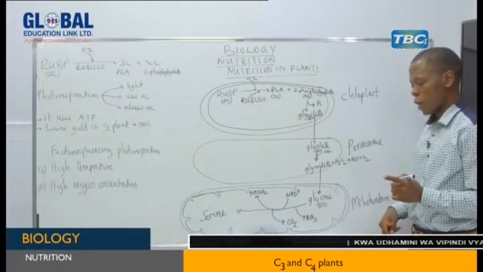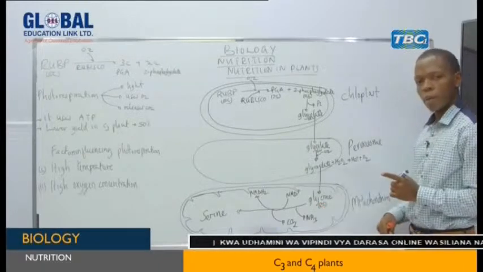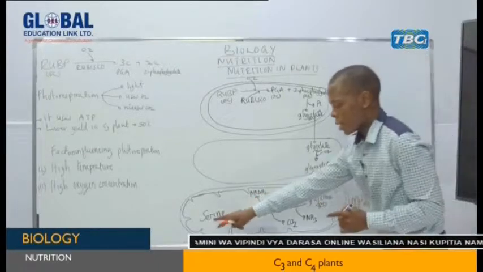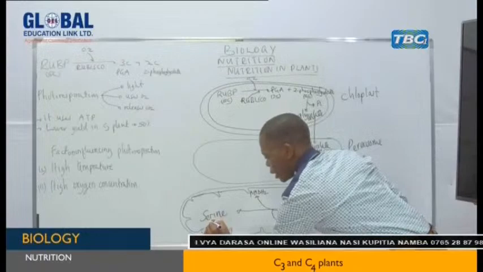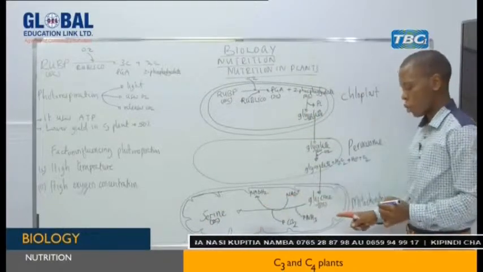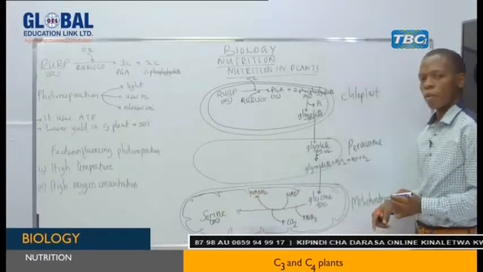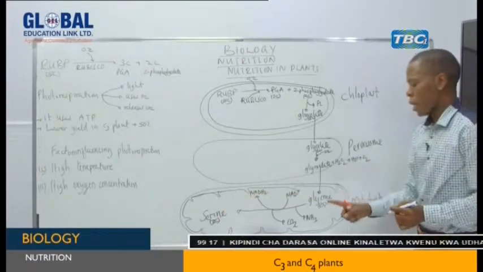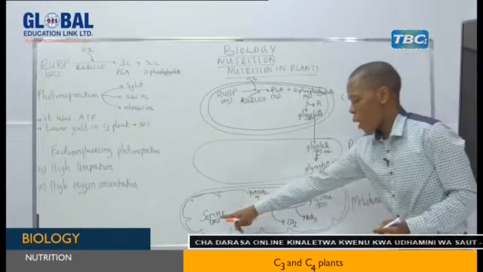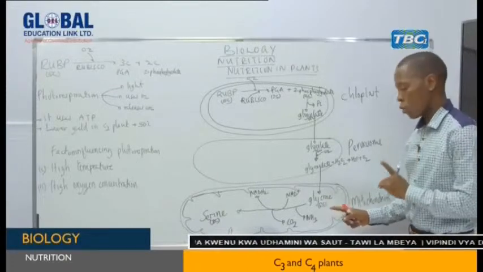Ask yourself, from the concept of cytology, this glycine is a 2-carbon compound, but this serine is a 3-carbon compound. How does this conversion occur, a 2-carbon compound to form a 3-carbon compound? Actually, to make 1 molecule of serine, we need 2 molecules of glycine.